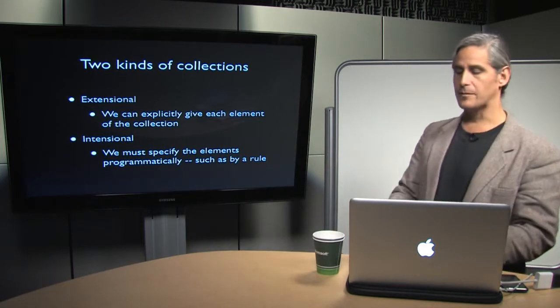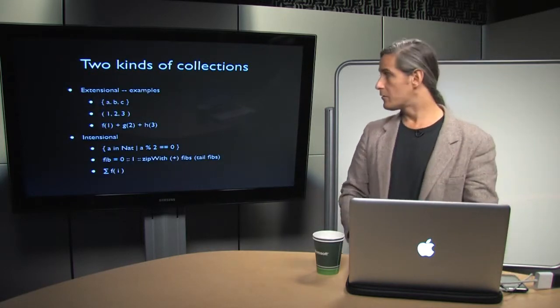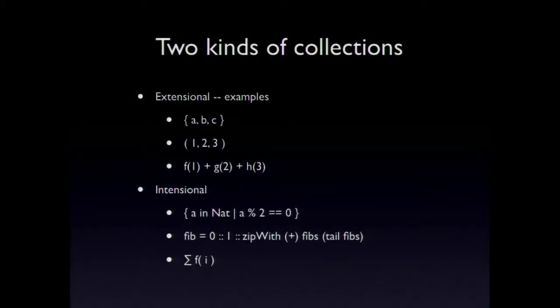Let's give some examples of that. These are standard programming 101 examples. You have the set that contains A, B, and C, or the list that contains 1, 2, and 3. I include this next one because you might think it's not really a collection, but that's where monads blur the line a little bit.